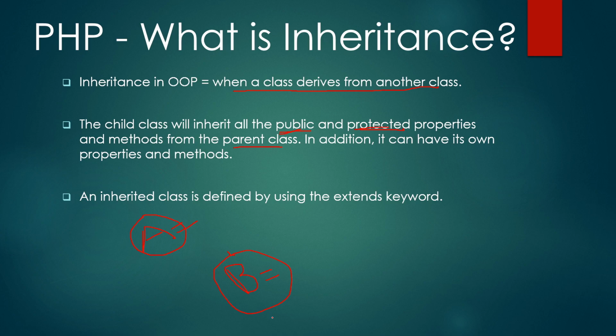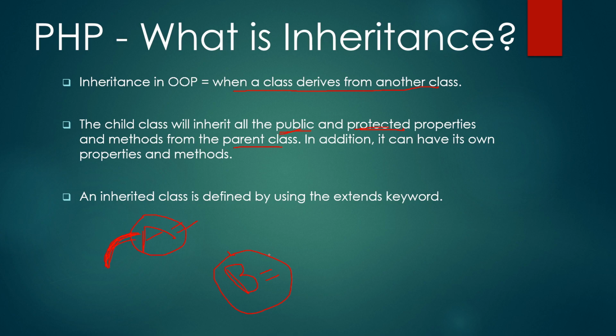And if it is private, then we can only access them inside this class. Let's say I have two private variables inside this class; I can only access them inside this class. I cannot access them inside the child class or anywhere in the program.